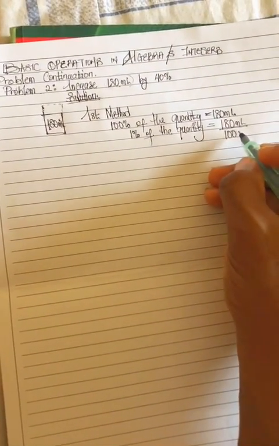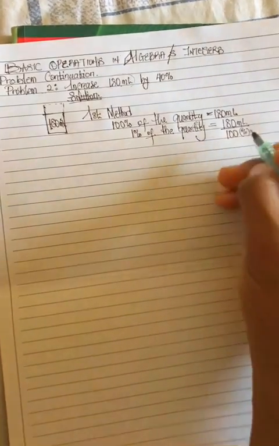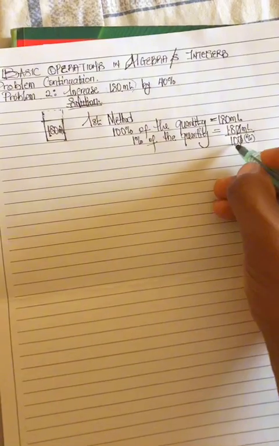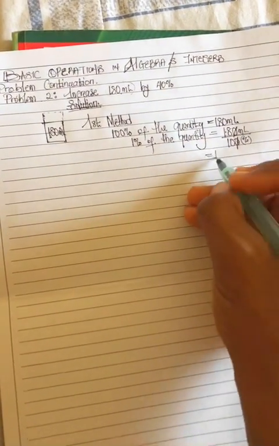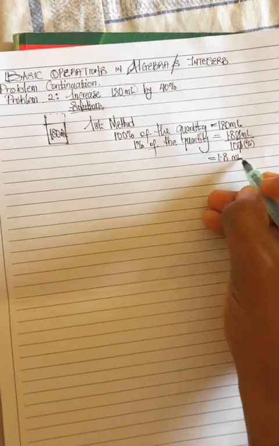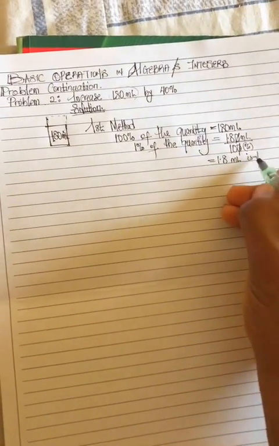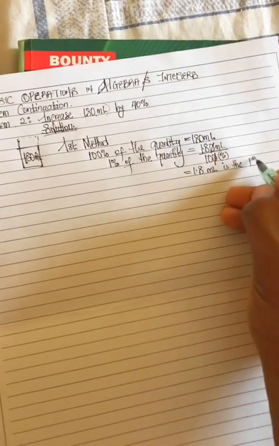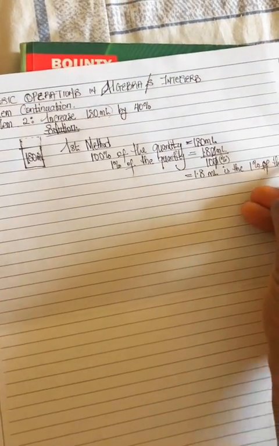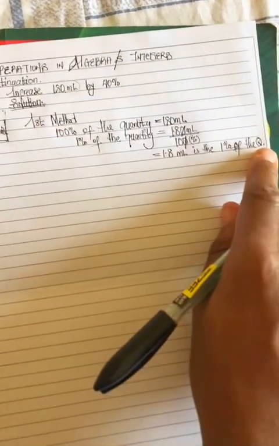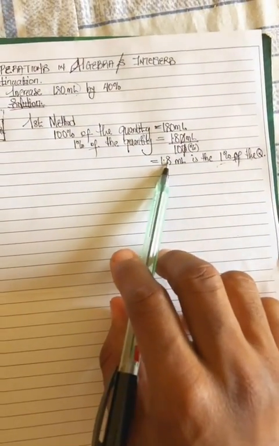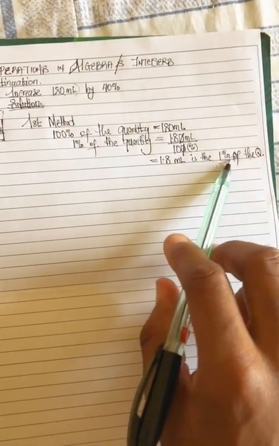This 100 is representing the percentage, right? So to do this, I can nullify this. Then I know 18 divided by 10, I'll get 1.8. So it means 1.8 ml is the 1% of the quantity. I'm using Q to represent quantity.